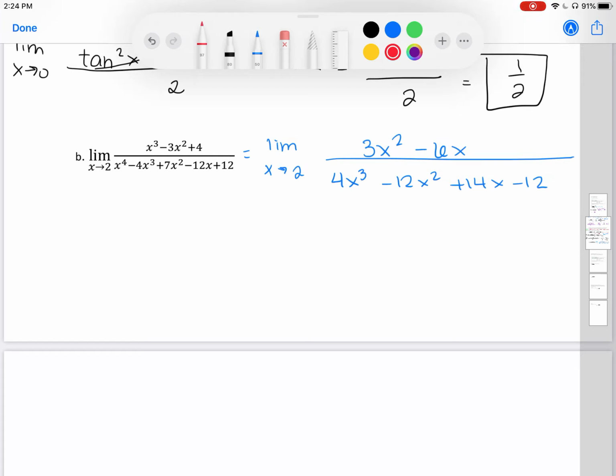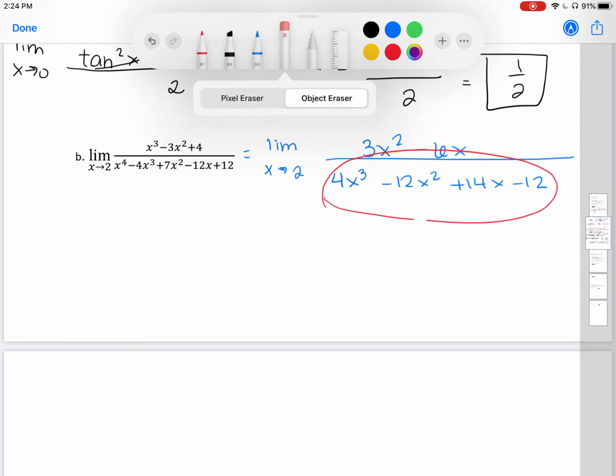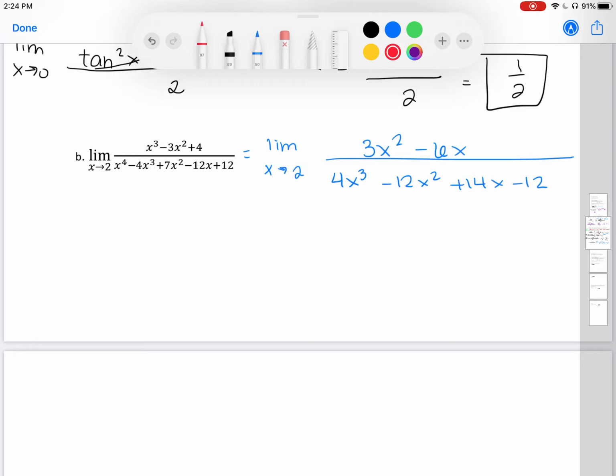And that's a problem. Our denominator is equal to 0. So, according to our notes, we can go ahead and apply L'Hopital's again.